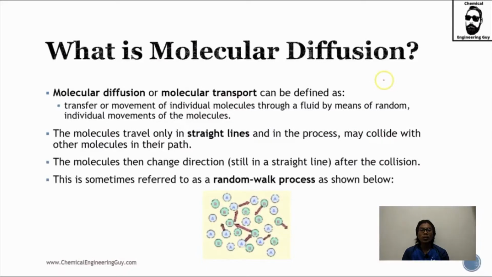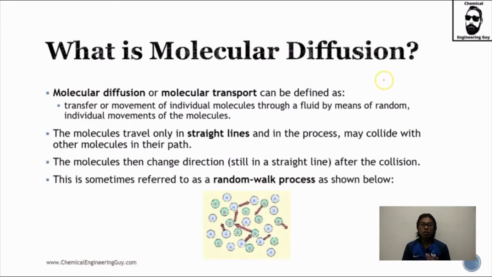One of the mass transfer mechanism is molecular diffusion. What is molecular diffusion? Molecular diffusion, also known as molecular transport, can be defined as the transfer or movement of individual molecules through a fluid by means of random individual movement of the molecules.